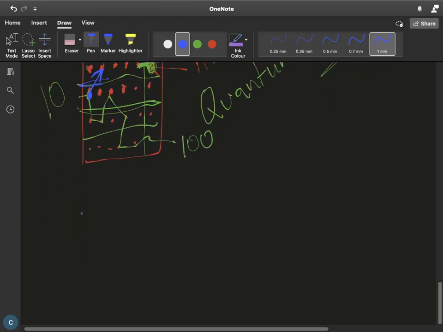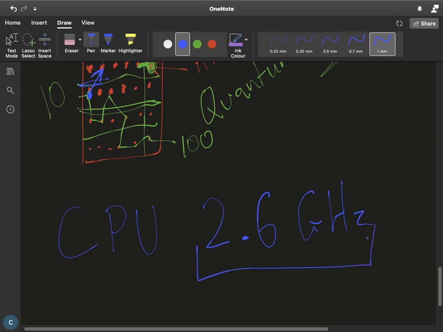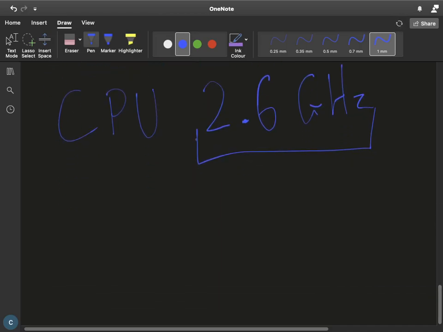So I didn't want to just say, let's get back to a CPU in general. You might see a CPU and you might see this 2.6 gigahertz. Well, I didn't want to just say CPUs come in this size and they're i5s and i7s and M1s, etc.